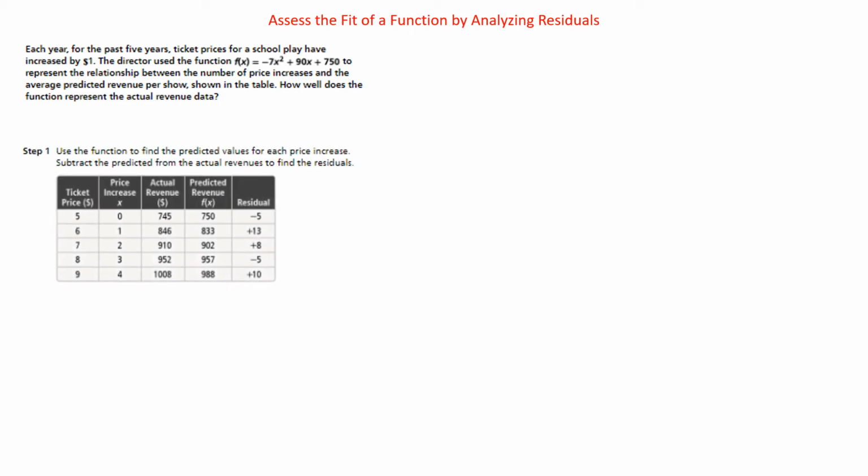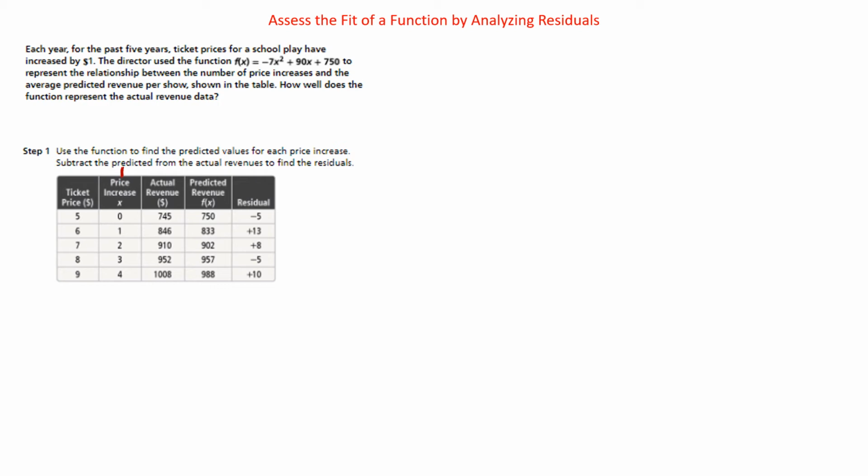So, first thing we would do is we'd use the function to figure out what those values are by just plugging in our values, which would be the increase. Plug in 0, 1, 2, 3, and 4. What would we predict the revenue would be?